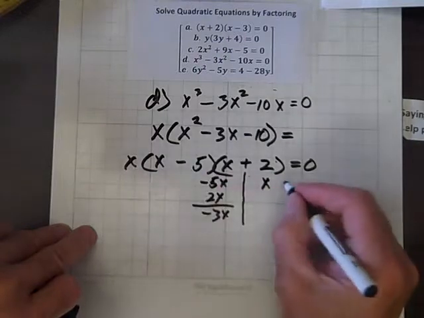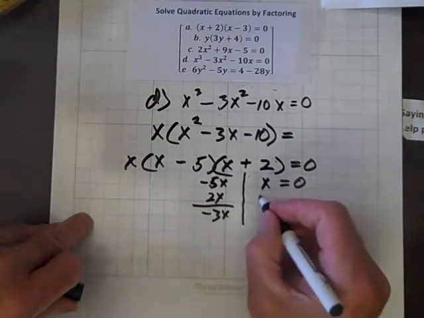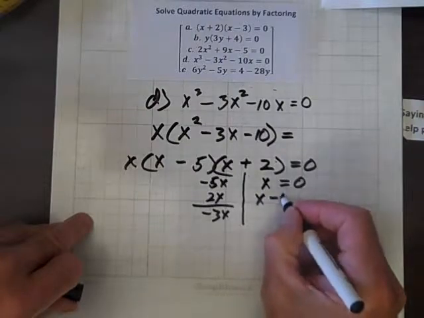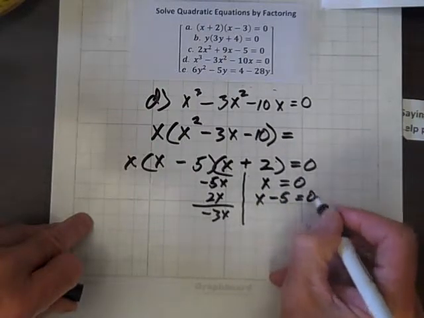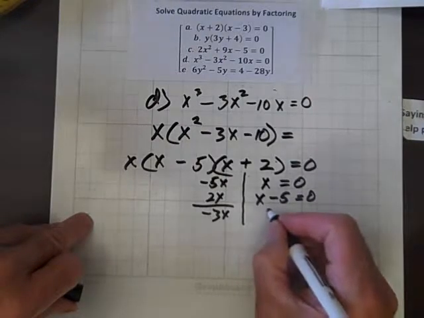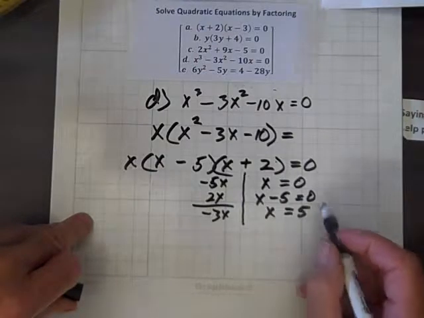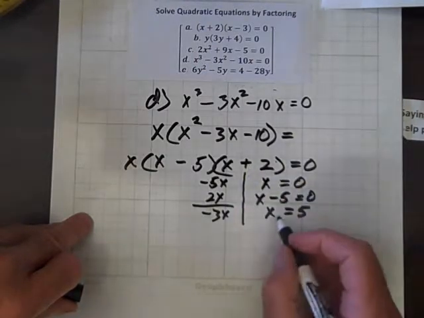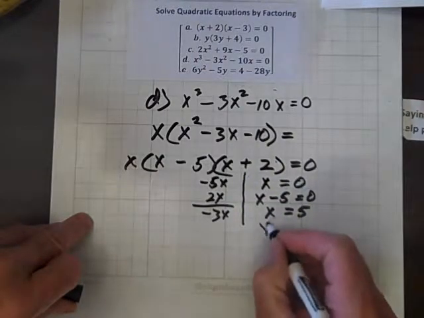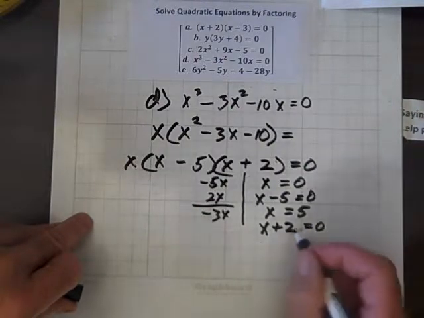Next thing, let's check our solutions. Well, with the first factor, we'll set x equal to 0, and that's done. For the next factor, x minus 5 equals 0. So adding 5 to both sides and isolating x, we get x equals 5. For the third factor, x plus 2, we'll set x plus 2 equal to 0.